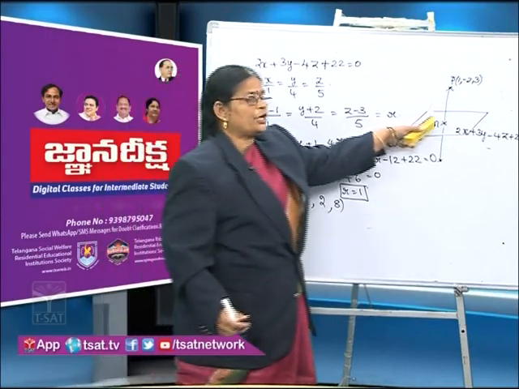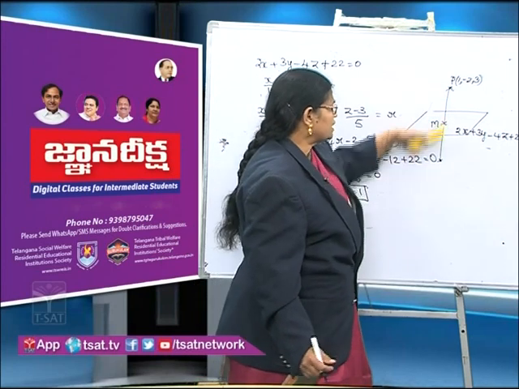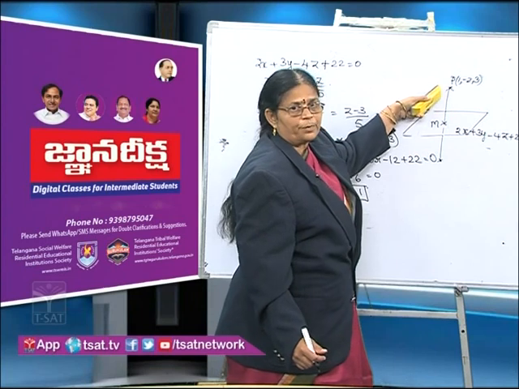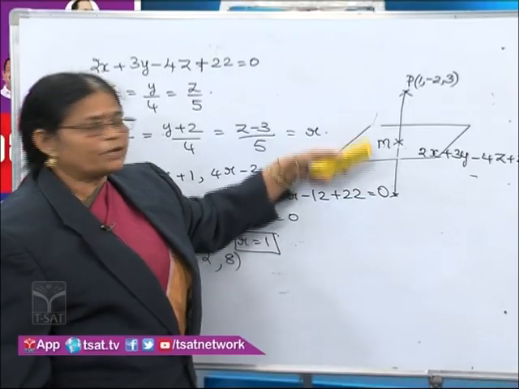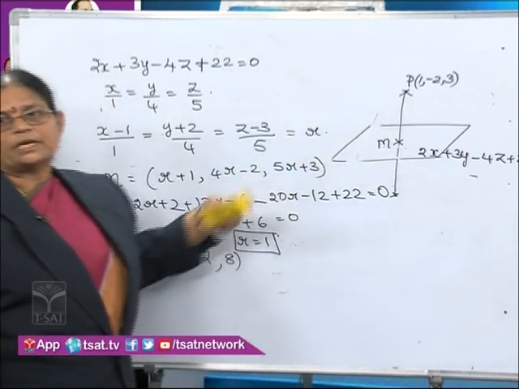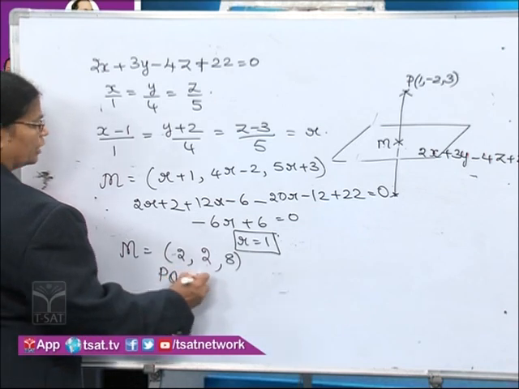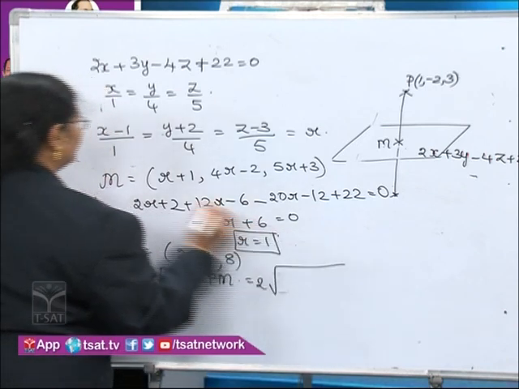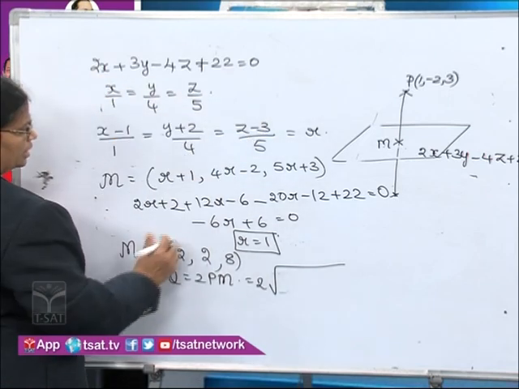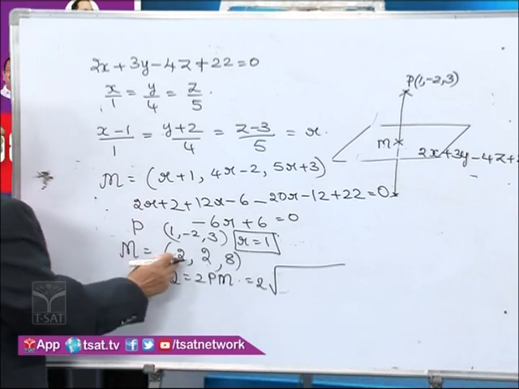We want the distance PQ, and you know that if Q is the image of P, M will be the midpoint and PQ is double the distance. So, if you find out the PM distance, twice that will be the distance PQ. So, PQ = 2 PM, which is 2 root of, P point is (1, -2, 3) and M point is (2, 2, 8).